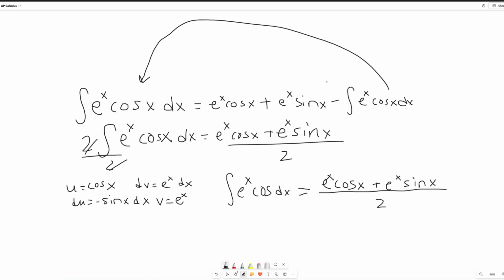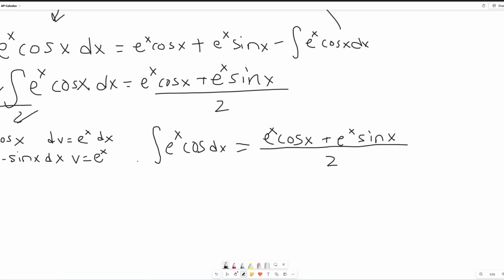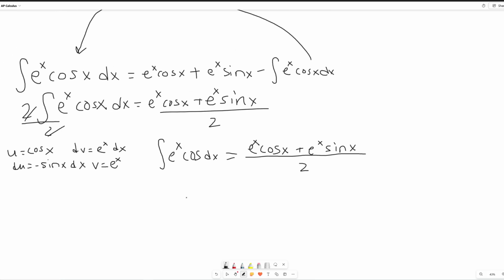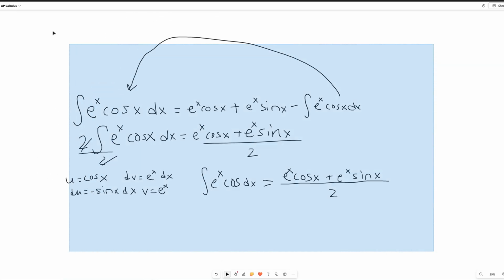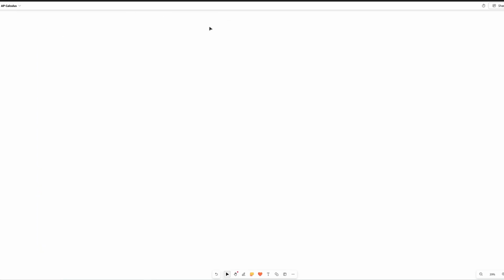That's how you solve this. So this is a problem that I've seen before on the BC test, and knowing how to do it, honestly, knowing this relationship can just save you so much time. So that is integration by parts.